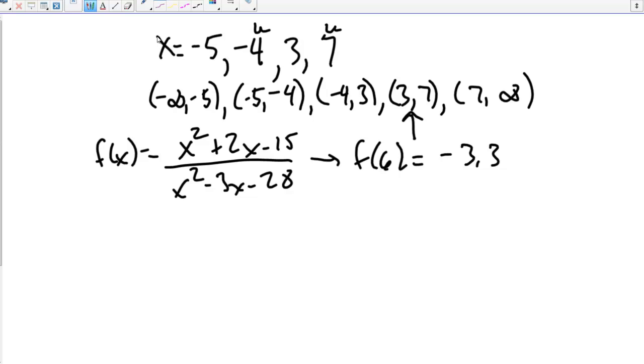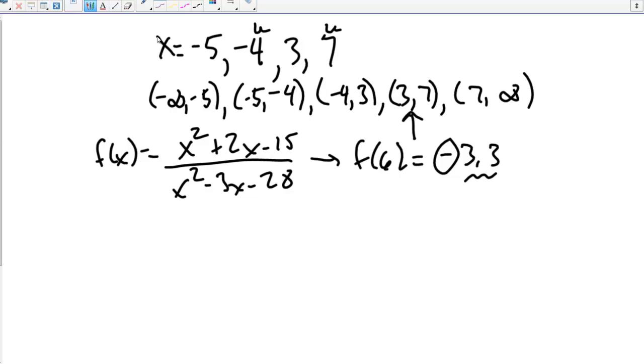Now we don't really care about this 3.3 part. That's not important here. But what we do care about is that it's negative. And what that tells us is that every x value between 3 and 7, if we plugged it into f of x, guaranteed we will get some negative number. And so that function is going to be negative throughout that interval for the y values.